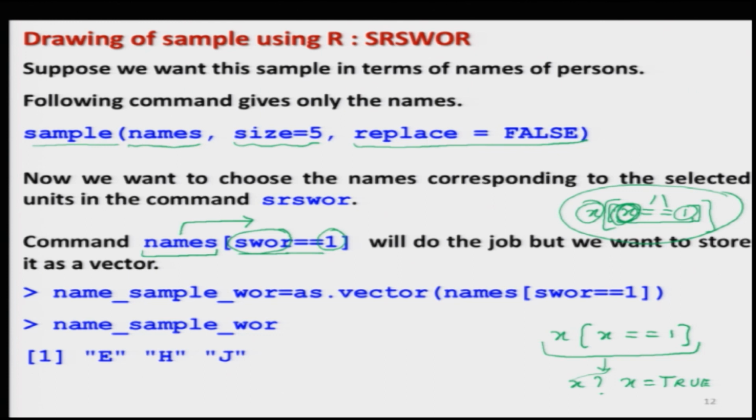Okay. So now it will give us the values of names corresponding to the places where SWOR was 1.